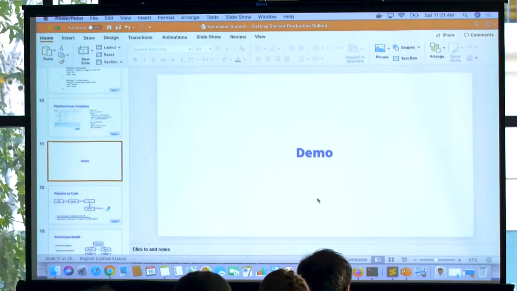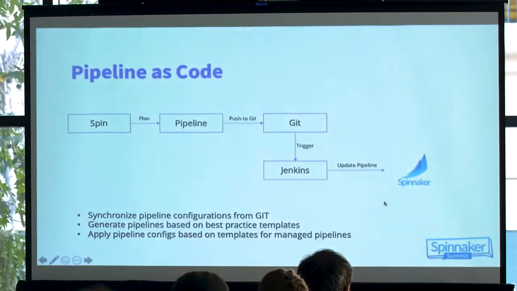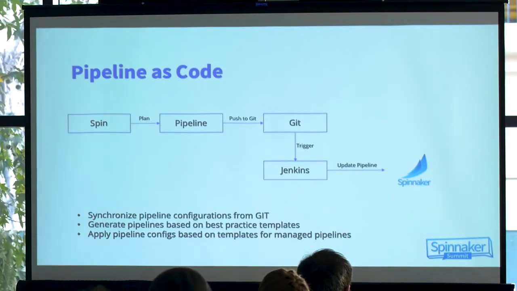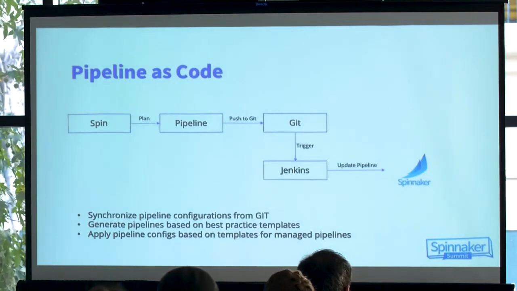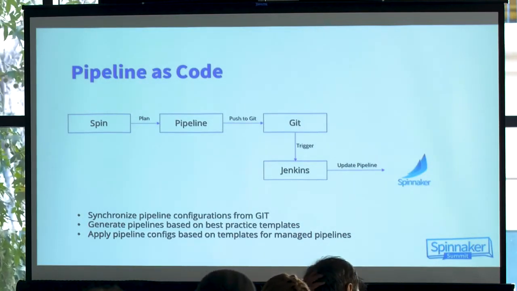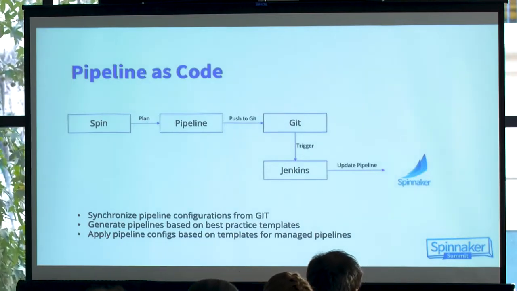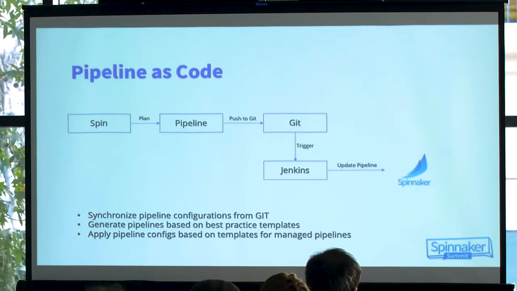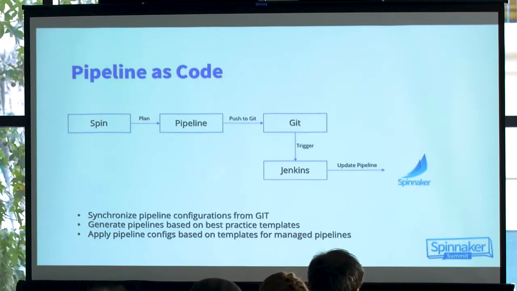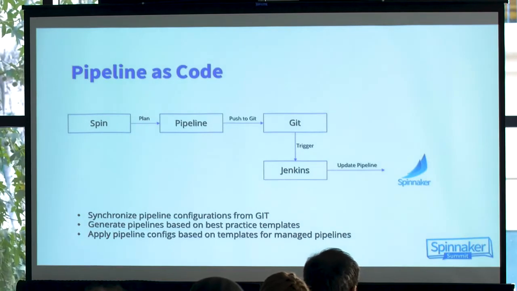So going back, what we have seen is two things here. One is we went through the pipeline template creation. From the UI, take the definition, convert that into a template, add variables to it, and create a pipeline based on those variables. And so the template exists in the Spinnaker. The developers or whoever is onboarding those services would essentially be referencing that pipeline and adding variables to it.